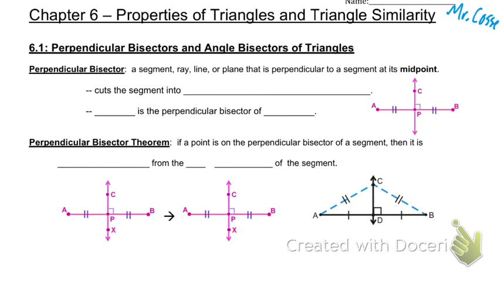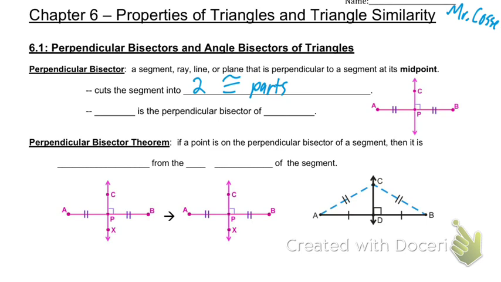A perpendicular bisector is a segment, ray, line, or plane that is perpendicular to a segment at its midpoint. So it ends up cutting the segment into two congruent parts. That's what the bisector part means, right? And the perpendicular means that it intersects at a right angle. So in this picture, what is the perpendicular bisector of what?